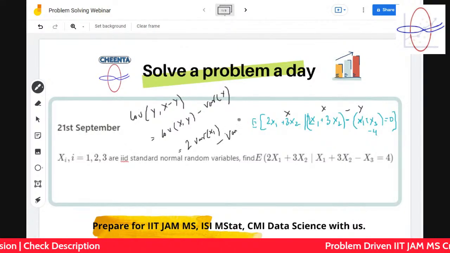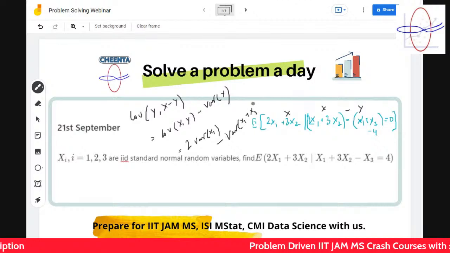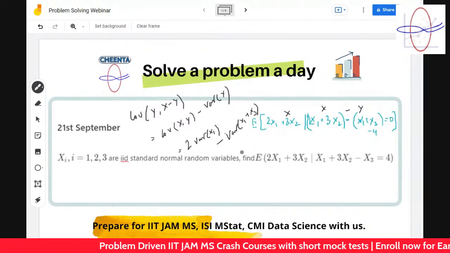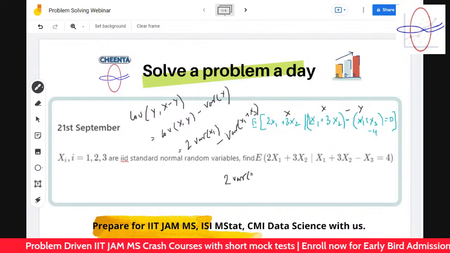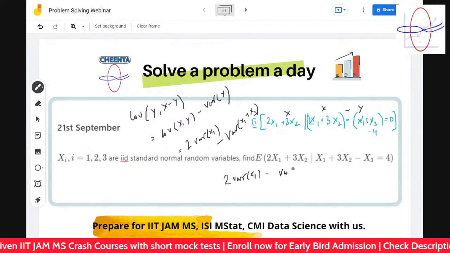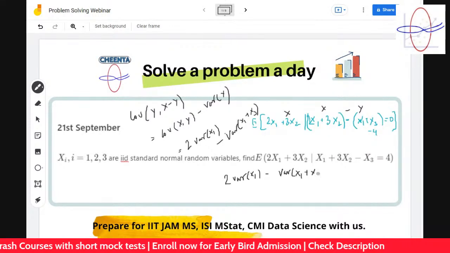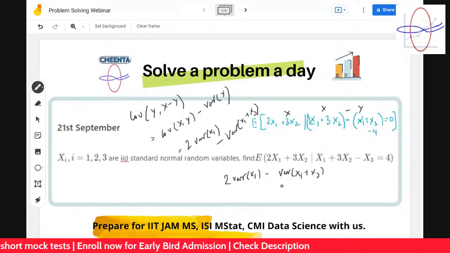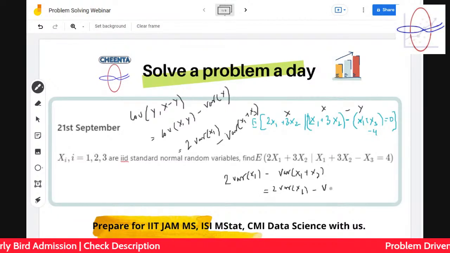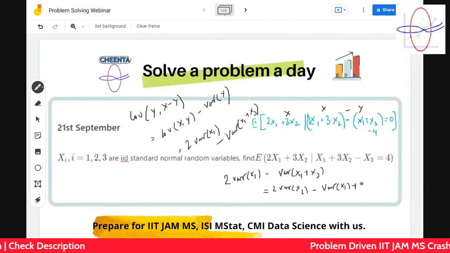Minus variance of y is variance of x1 plus x3, right? And therefore, understand this. This is exactly the idea we used. This is twice variance of x1 minus variance of x1 plus x3, which are equal. So this is 0, right?